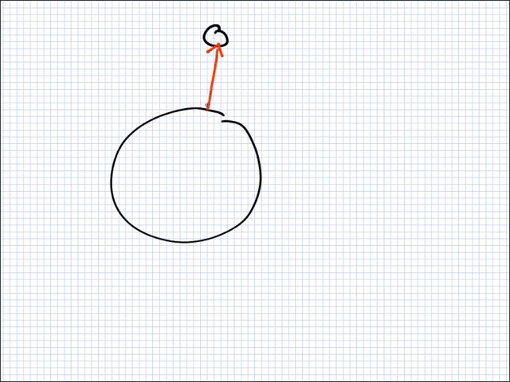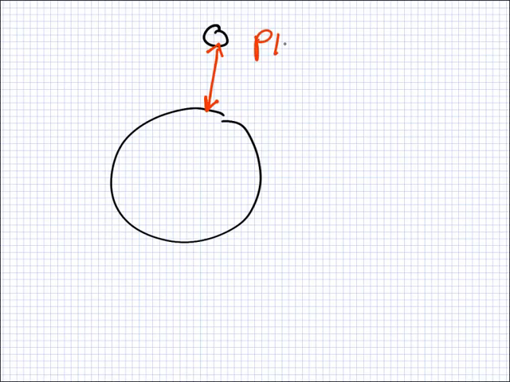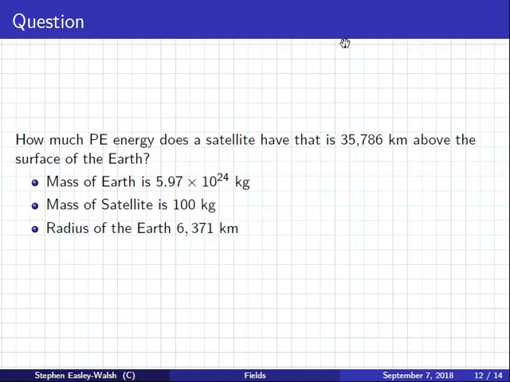I've given you this distance. Okay? And I want to know what's the potential energy. And you cannot use MGH, because that only works when you're near the surface. So you have to use the other formula, the minus G M m over r. Okay? So, let's see if you can get it for me. It should only take you 1 minute, I hope.